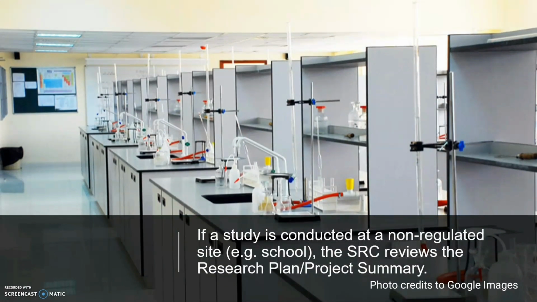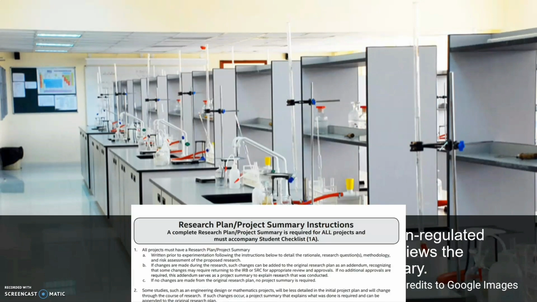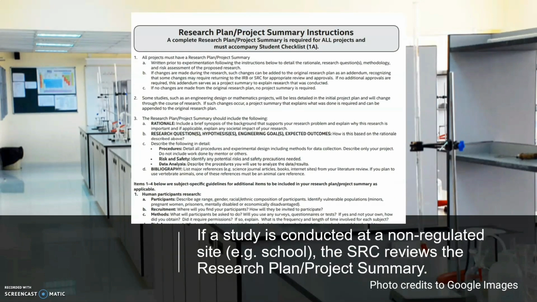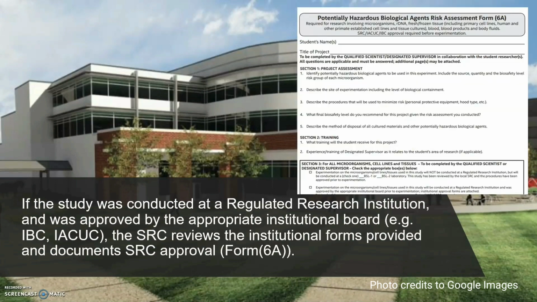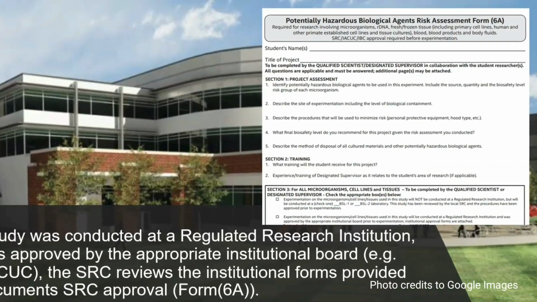Number 1, if a study is conducted at a non-regulated site, for example, school, the SRC reviews the research plan or project summary. Another one, if the study was conducted at a regulated research institution and was approved by the appropriate institutional board, for example, the IBC, the IACUC, the SRC reviews the institutional forms provided and documents SRC approval on Form 6.